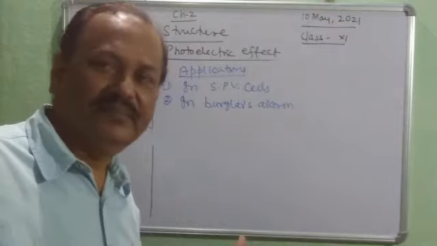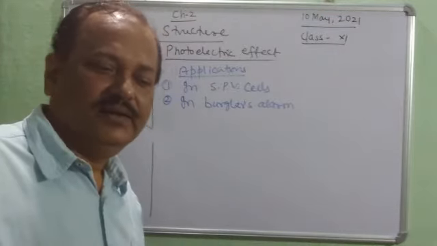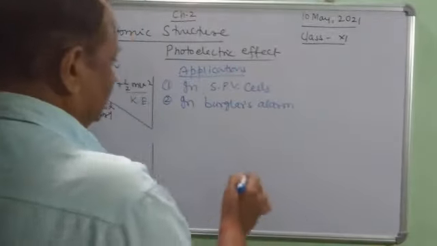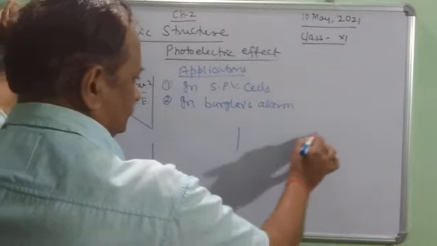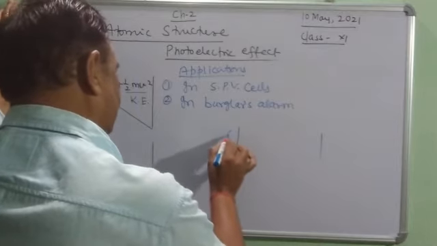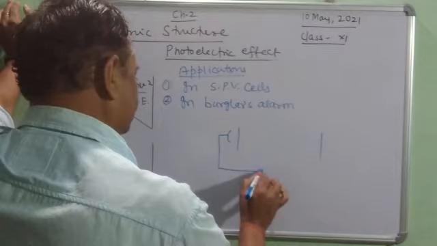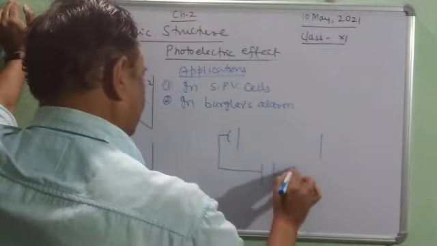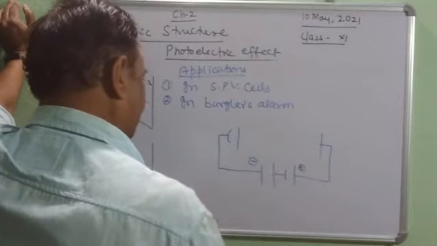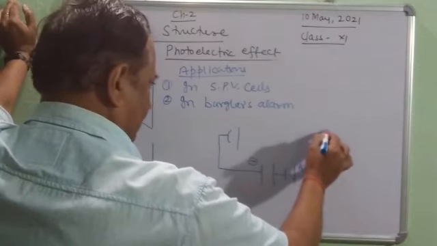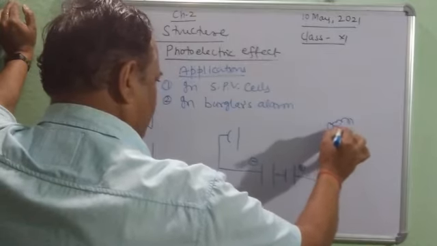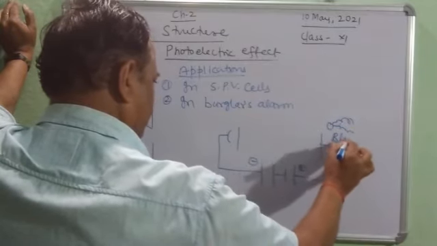It was used long back, but now security has been done by many things. So burglar alarm means, suppose there is a limited place, some entry, and here there is a photocell installed, and a bulb.